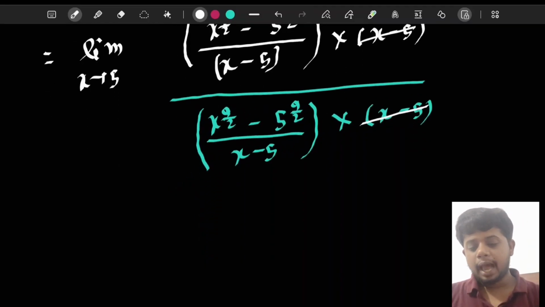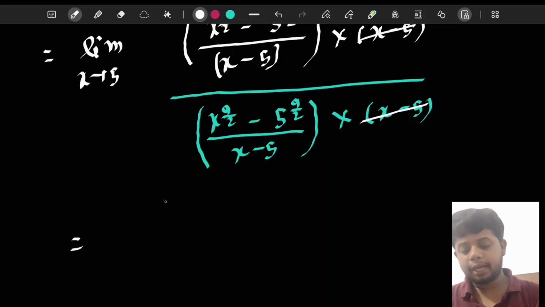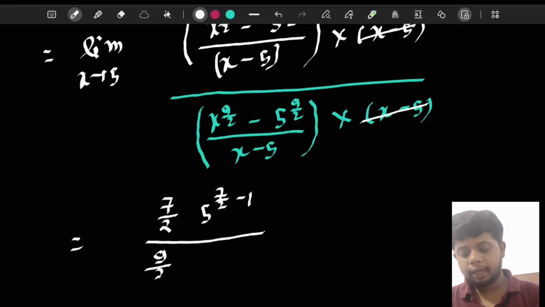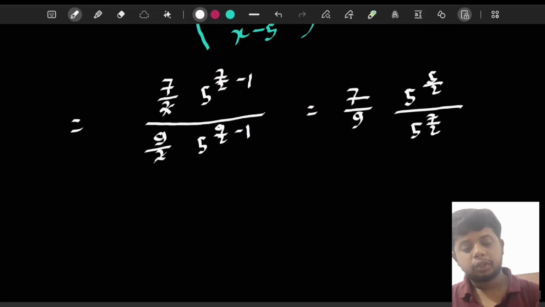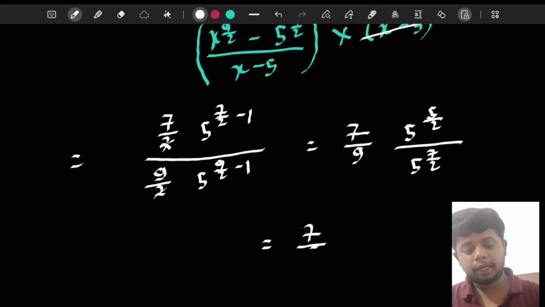And here now we can apply the formula. What is that? n a power n minus 1. So this 2 and 2 cancel. I'm getting 7 by 9, and 5 power of 7 by 2 minus 1, what is that? 5 by 2. And here I'm getting 5 power of 9 by 2. So eventually I'm getting 7 by 9 into 5 power of 5 by 2 minus 9 by 2.